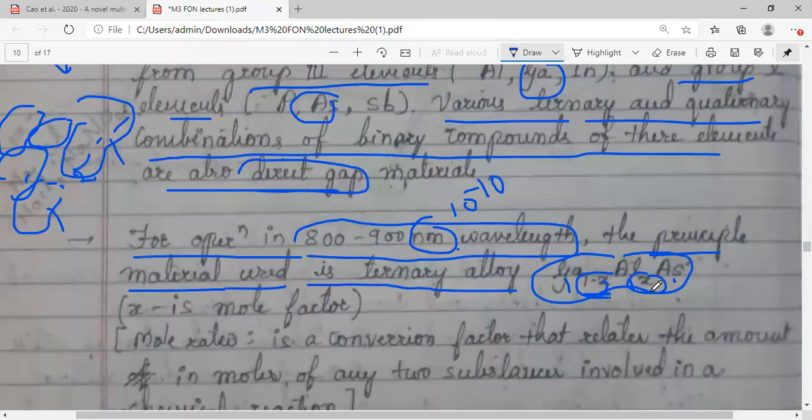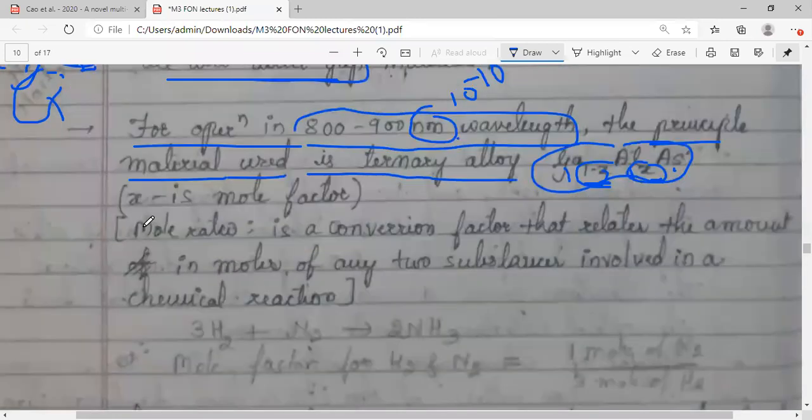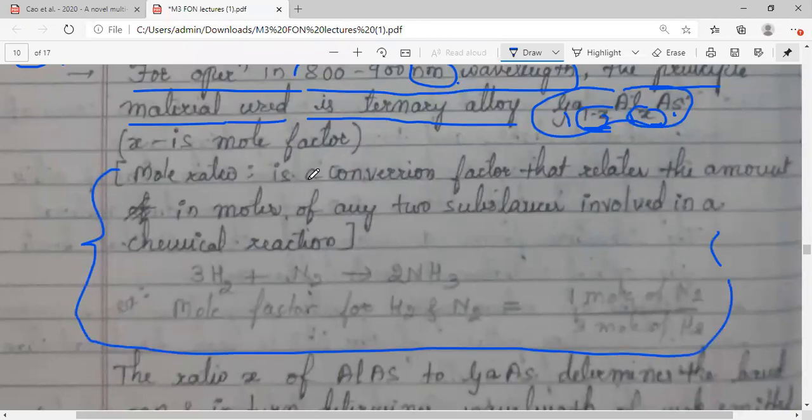We didn't get into the details of X. What is this X? Probably you might have studied about the mole in chemistry. X is a mole factor. Just to explain what a mole ratio or mole factor is, I have given one example here. The mole ratio, or the mole factor, is a conversion factor.